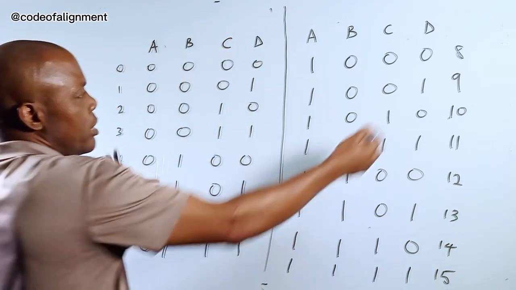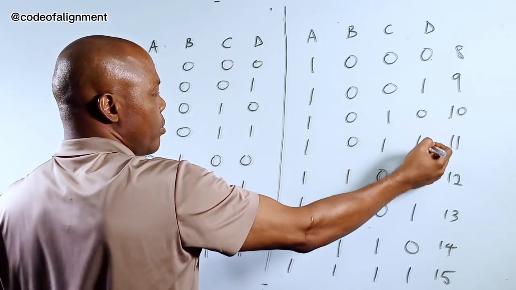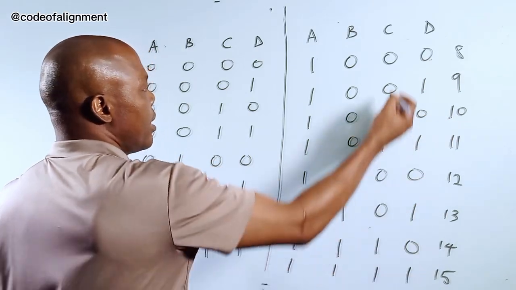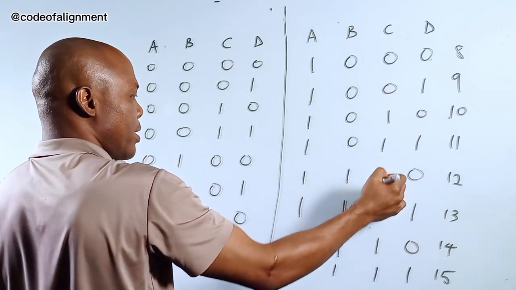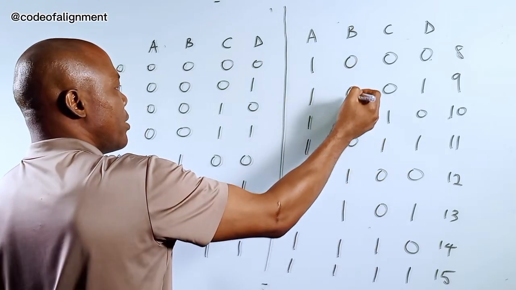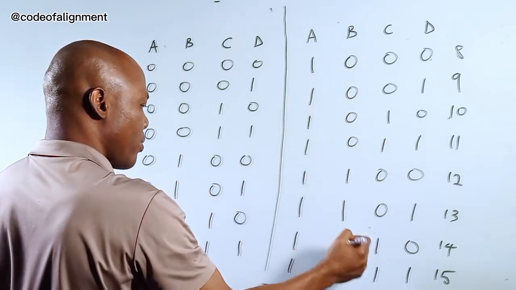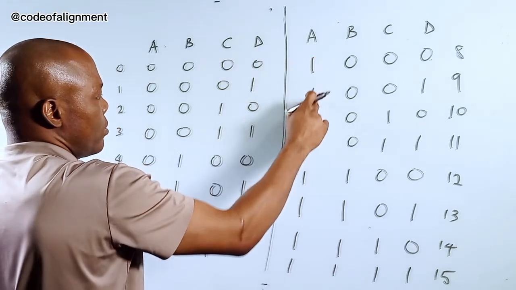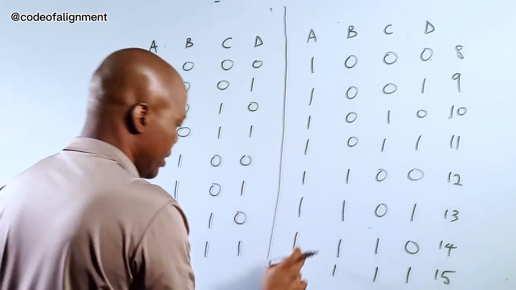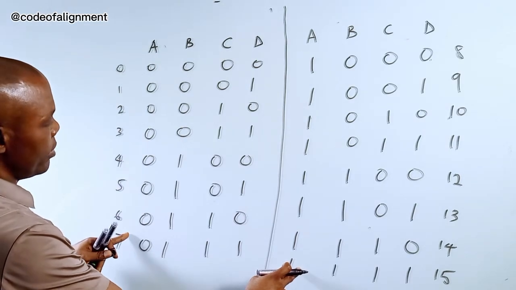So if you see, you will see the pattern 0, 1, 0, 1, 0, 1, 0, 1, 0, 0, 1, 1, 0, 0, 1, 1, 0, 0, 0, 0, 1, 1, 1, 1. Then you have 1, 2, 3, 4, 5, 6, 7, 8, and then 8 zeros on this side.